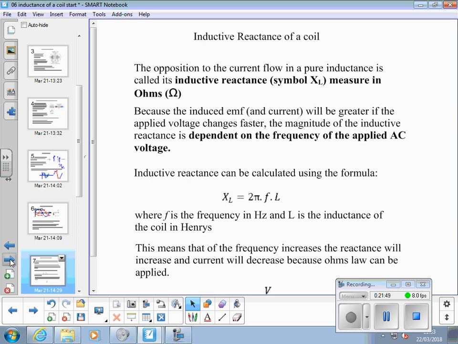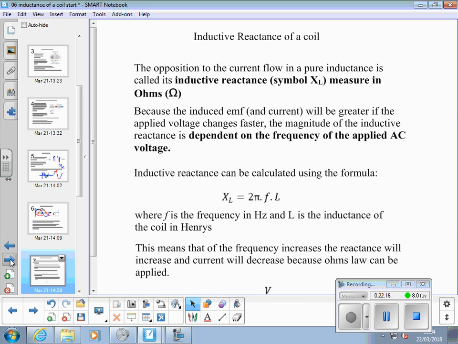So XL is measured in ohms. We know resistance is measured in ohms, and now we've got XL measured in ohms. Because the induced EMF and current will be greater if the applied voltage changed faster, the magnitude of the inductive reactance is dependent upon the frequency of the applied voltage.